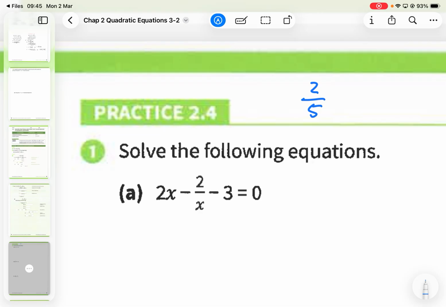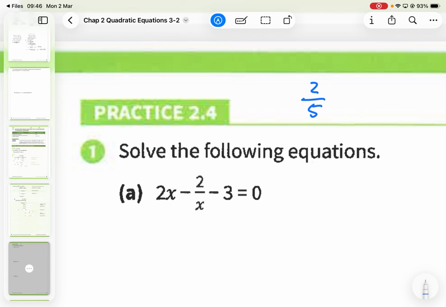Can I do anything? Plus, minus, multiply, divide this fraction. Can I do something to remove the denominator? What can I do to 2 over 5 to make the 5 disappear?